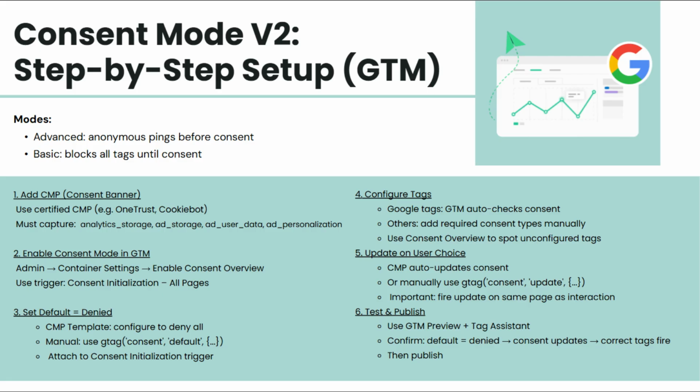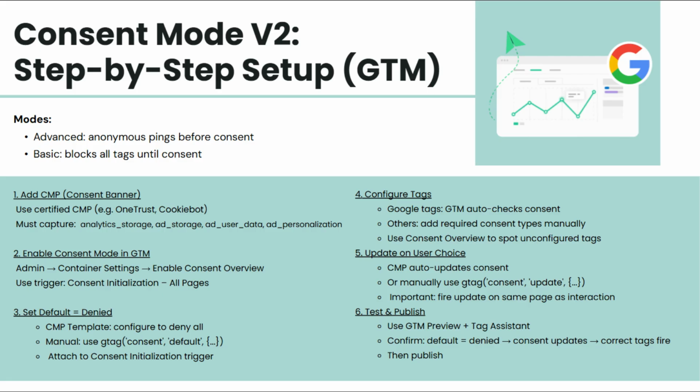If not using GTM, you'll be adding code manually to your site. Step 3. Set default consent state before any tags fire. Create a new tag in GTM to set the default consent state. If using a CMP template, add the CMP's tag via the template gallery.